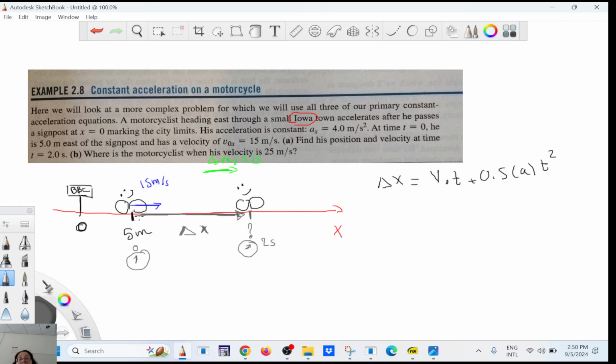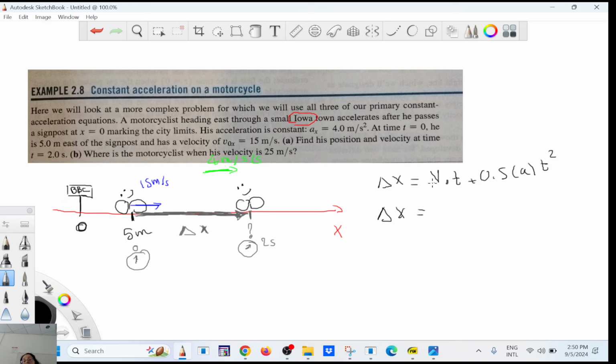Okay, so plugging in, like in the song, plugging in. So you can talk to each other if you want. You plugging in.